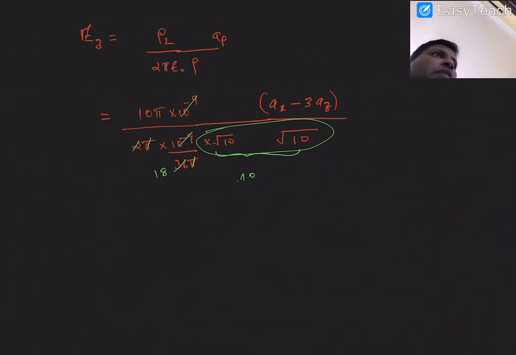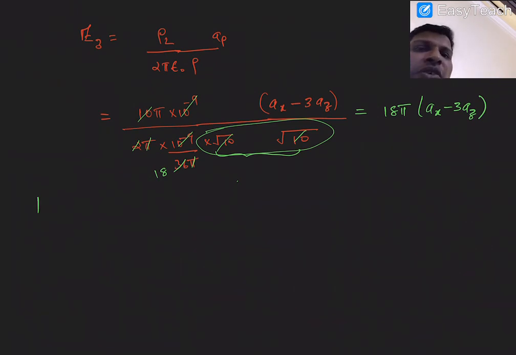When I do the calculation, root 10 into root 10 is 10, so that 10 and the 10 above will cancel. So this becomes 18 pi multiplied with ax minus 3 az. So I got E1, E2 and E3.